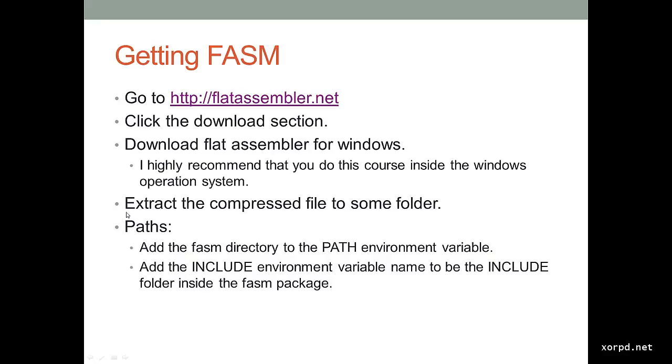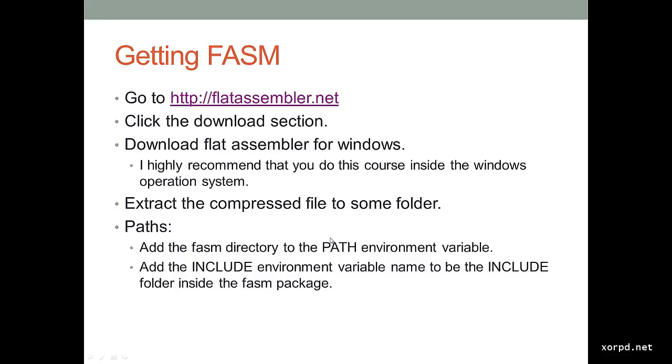Later, extract the compressed file to some folder. There is actually no installation. You just extract the compressed file and then it is ready to run. Then you have to fix some paths if you want to work with fasm regularly. You have to add the fasm directory to the PATH environment variable. If you have never heard of it, don't worry.